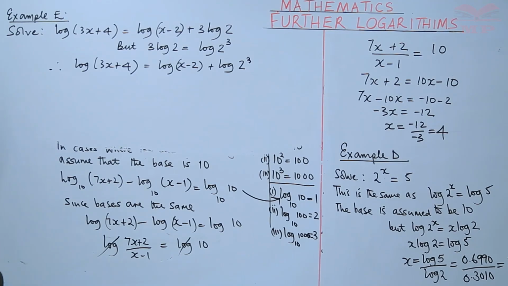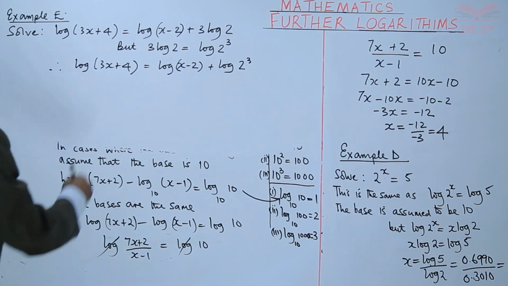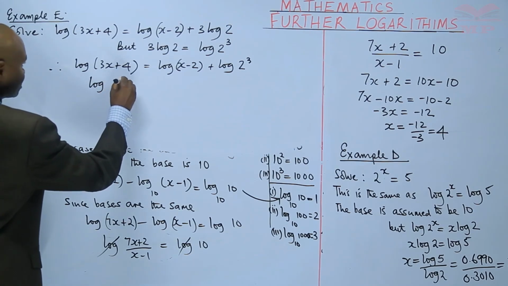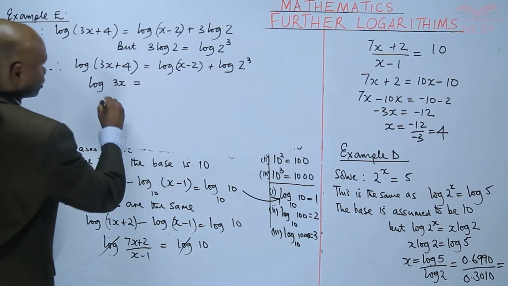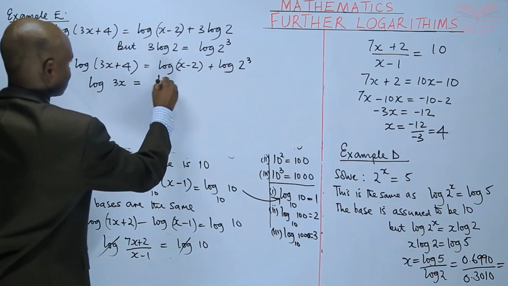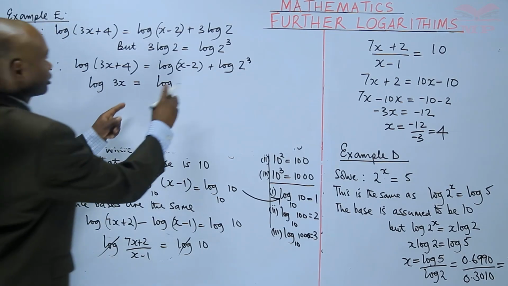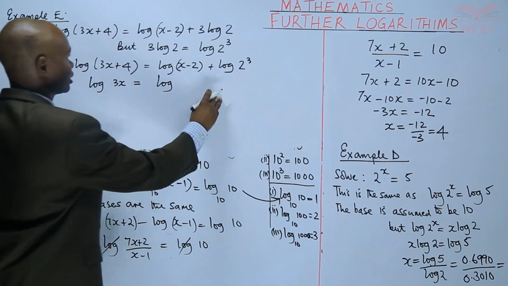Therefore, log 3x plus 4 is equal to, by the laws of logarithms, if you have addition, you multiply.